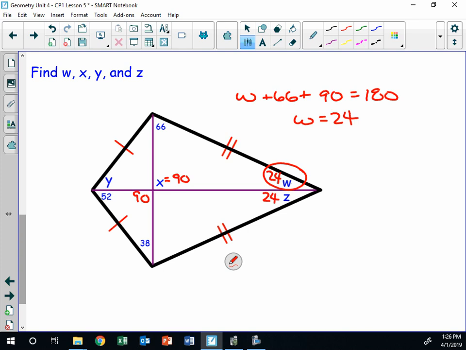So we have that fold and it matches up. We can solve for y, which is a 52. And if we want, we could transfer down the 66. We could transfer up the 38. And we have all of the missing angles of this kite taken care of.